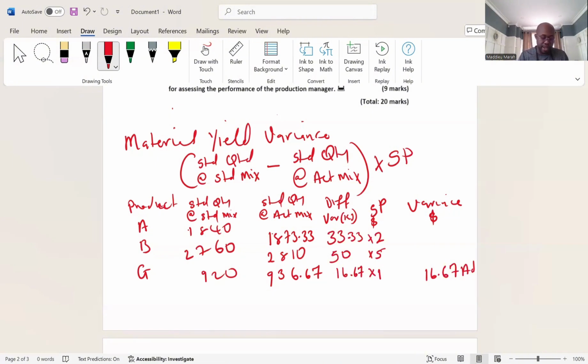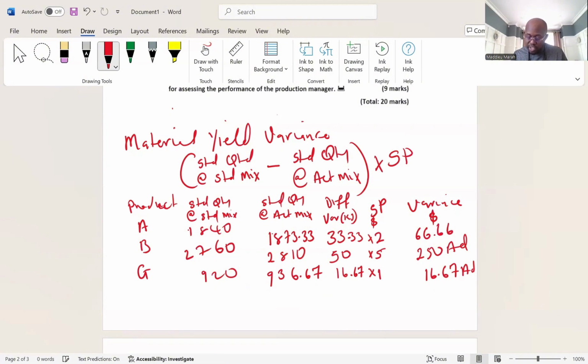The next one is 50, that's 5. This is 250. And this 250 is going to give me what variance? Again, adverse variance. We have 2760, which is the standard, and 2810, which is the actual. Gives me 250 adverse variance. And the next one, 1840 plus 1873.33 is going to give me 266.66.